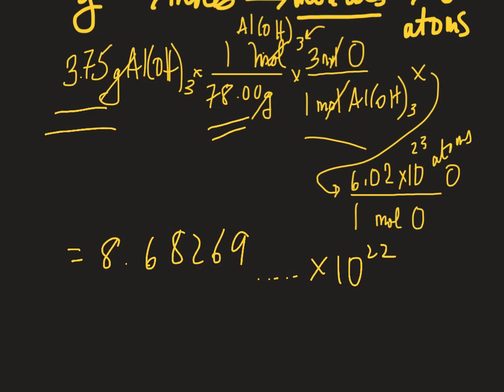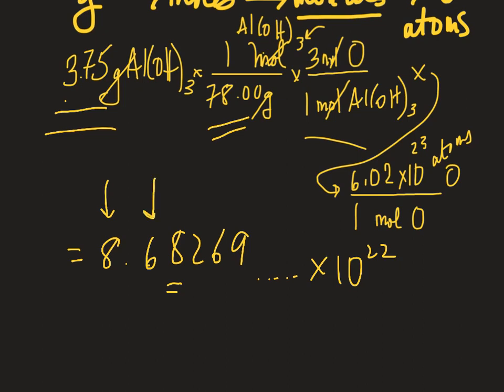And then lastly, I chose to use a 3 sig fig Avogadro's number. If I had noticed that my initial starting mass was more than 3 figs, I may have gone and used 6.022, but for now, I just stuck to 3 sig figs, so now I'm going to round it. I count from the right, 1, 2, 3 places, and that 8 is the third place from the right, because I know, right, the first 8 is my most confident number.